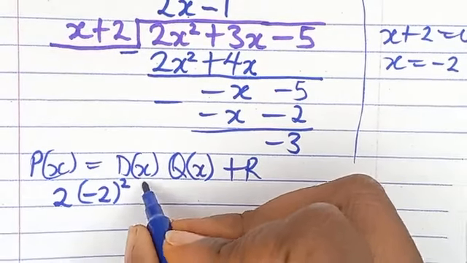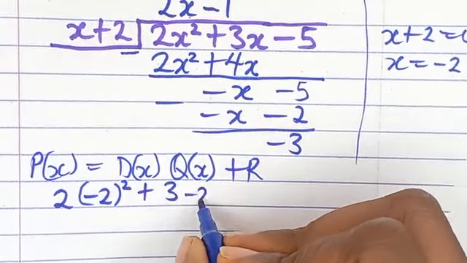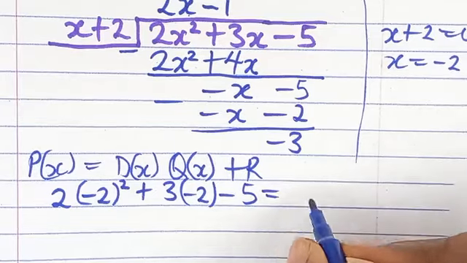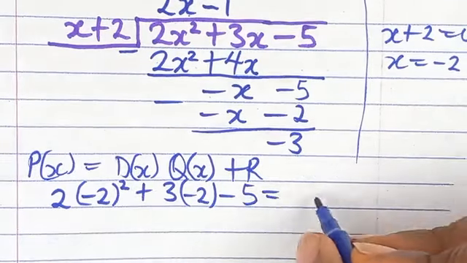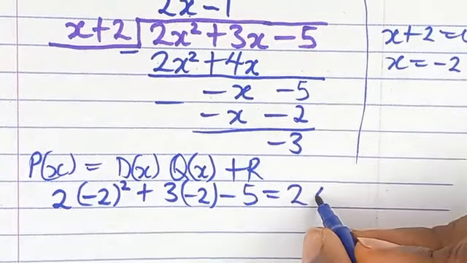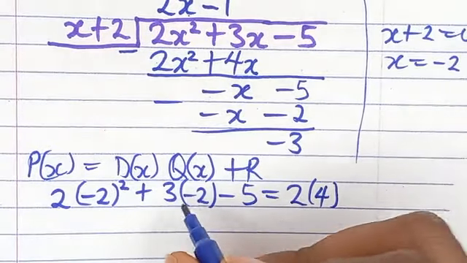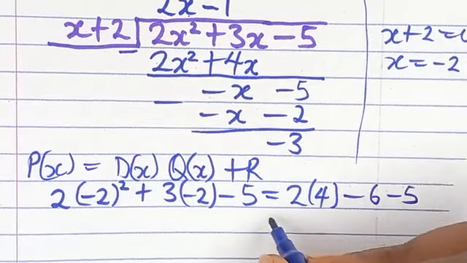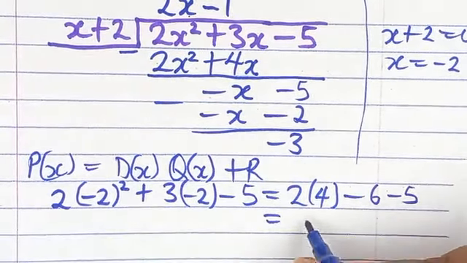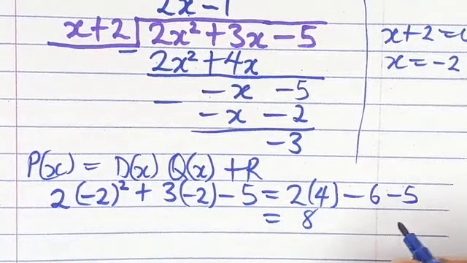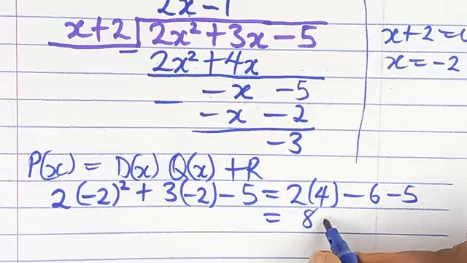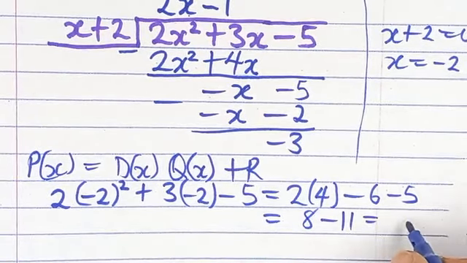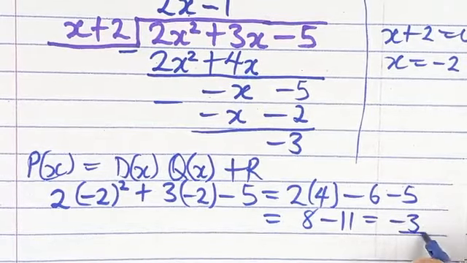Plus 3 into negative 2 minus 5. We are going to have 2 into minus 2 squared is 4. 3 times minus 2 is minus 6 minus 5. 2 into 4 is 8, minus 6 minus 5 is minus 11. 8 minus 11 is equal to minus 3.